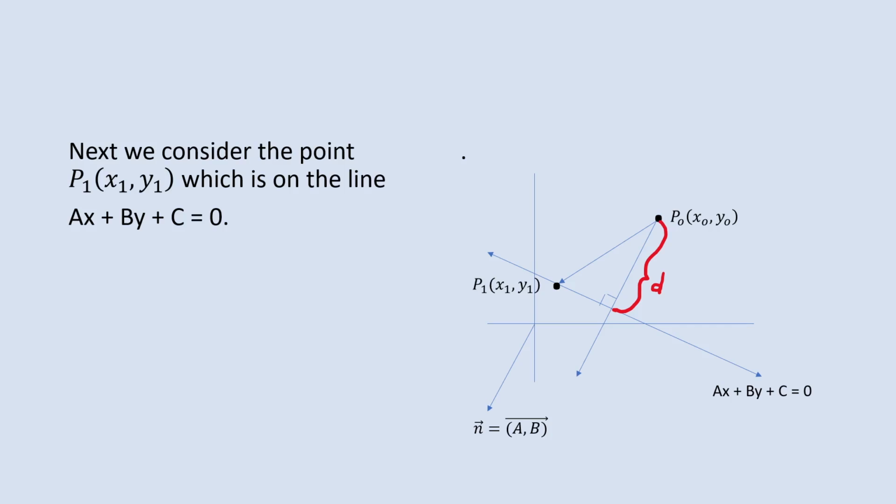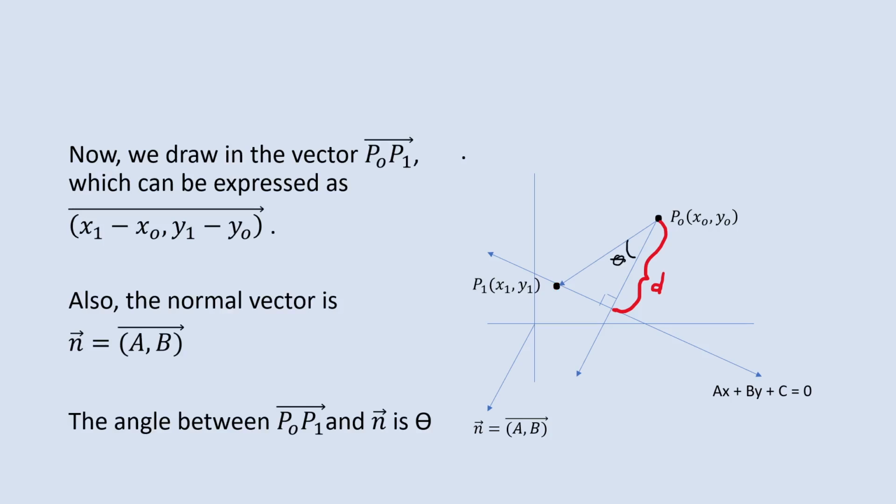Now, let's consider the point on the line P1, which will give the coordinates x1, y1. It's on the line ax plus by plus c is equal to 0. And we can obviously tell, therefore, that the vector P naught P1 will have the components x1 minus x naught, comma, y1 minus y naught.